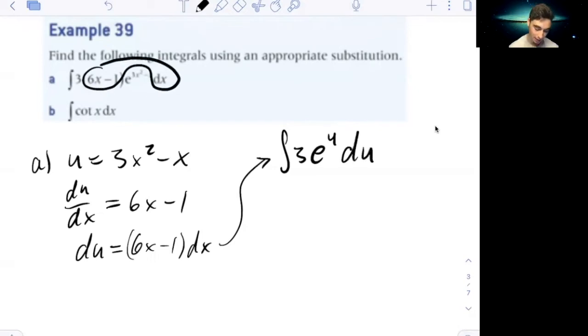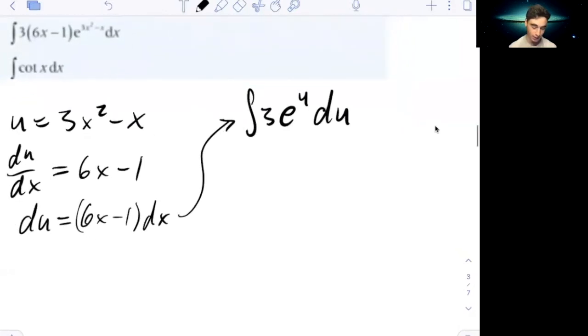That's what I mean by look for something that can easily be switched out. We can see that if we find the derivative of 3x squared minus x, we can easily switch out the (6x minus 1) dx for du. So now we have this. As you can probably guess, it's a super simple solve. From here, we're going to have 3e to the u plus c.